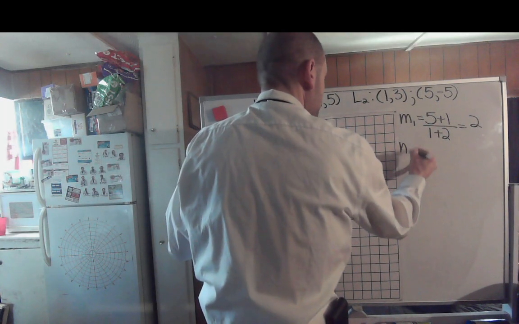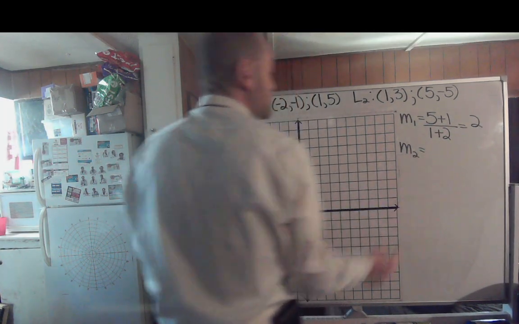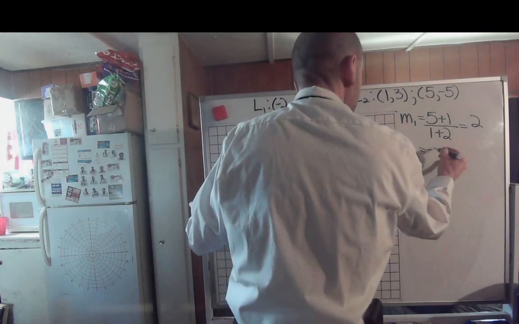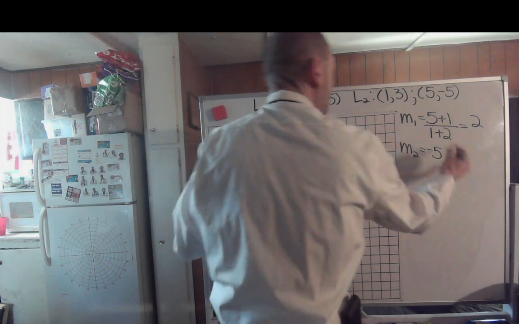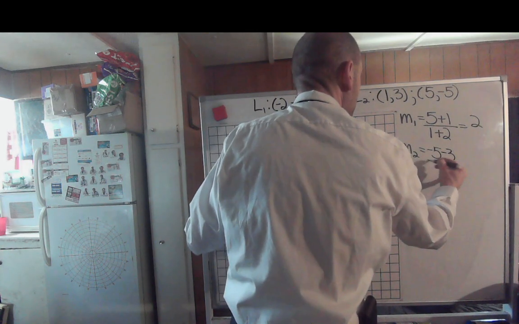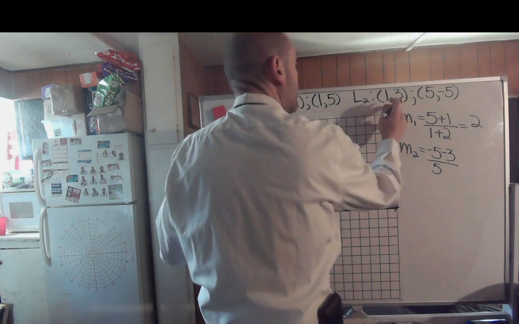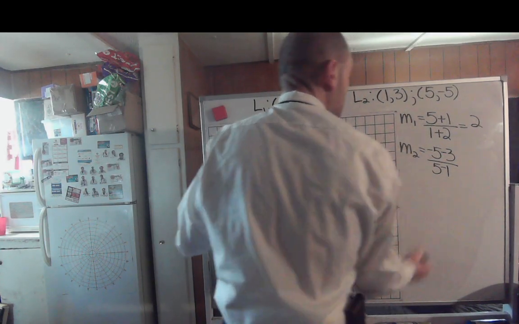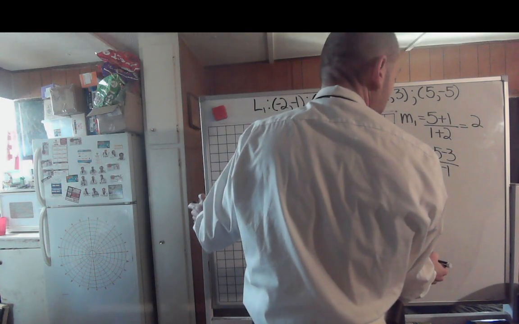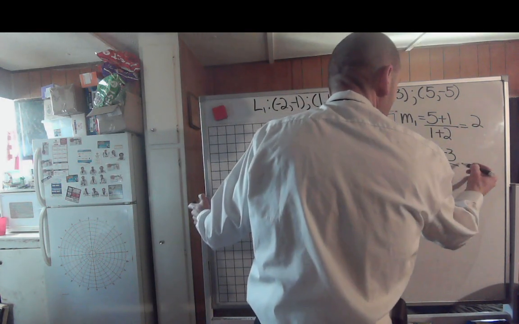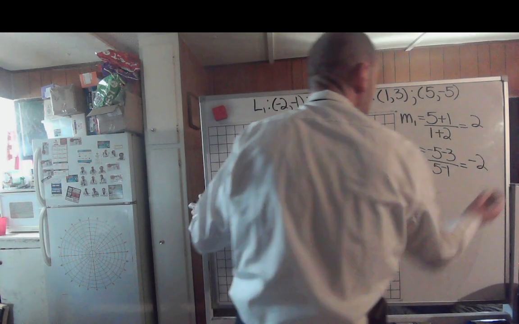Now let's find the slope of the second line. So y sub 2, which is negative 5, minus your y sub 1, which is 3, over your x sub 2, which is 5, minus your x sub 1, which is 1. So you get negative 8 over 4, which would give you negative 2.